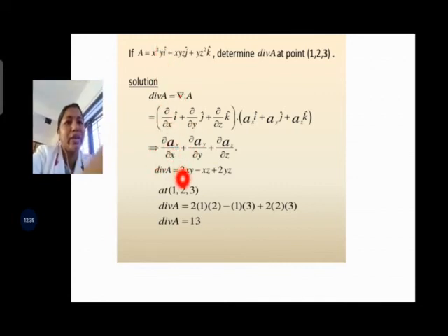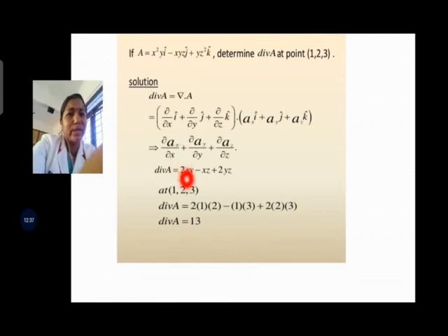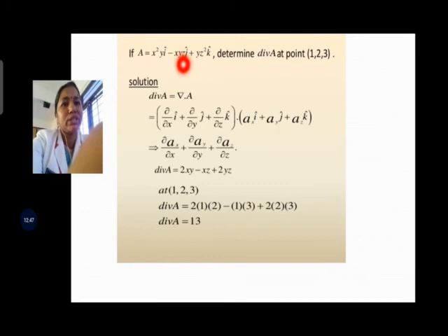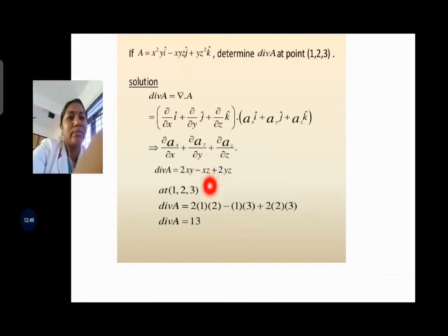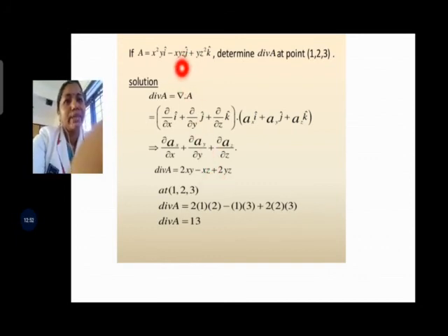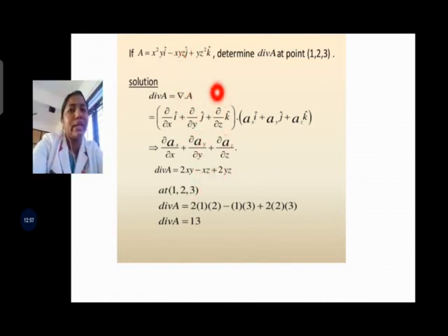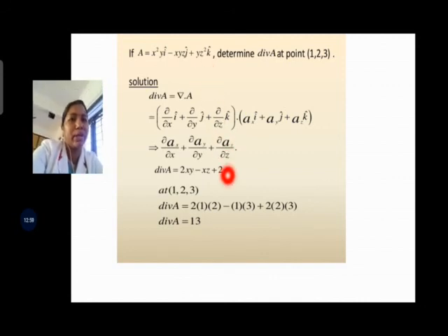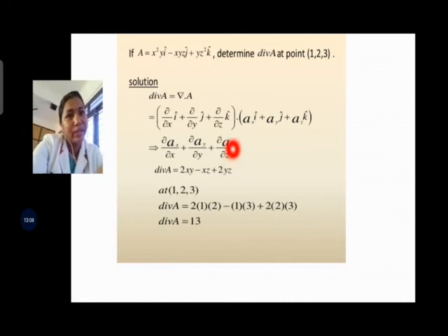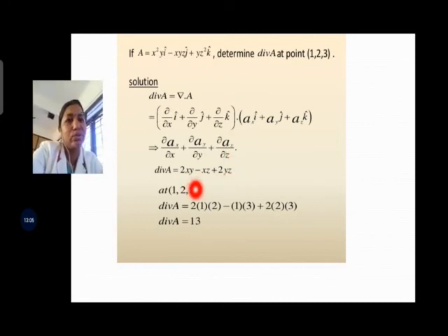You will get 2xy in the place of dou Ax by dou x. Likewise, differentiate with respect to y, then we will get minus xz, since minus xyz can be written as minus xz. The next term, yz square: take y as it is, then differentiate z square with respect to z, and we will get 2z. So you can substitute 2xy minus xz plus 2yz.